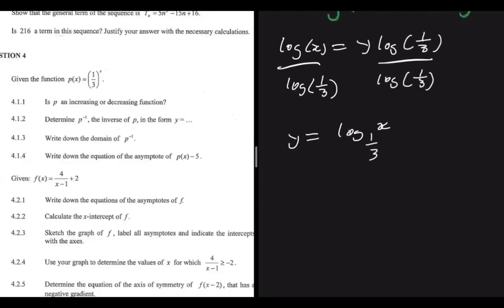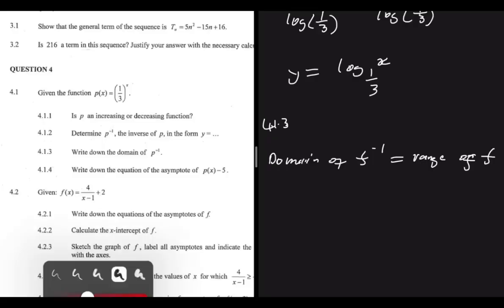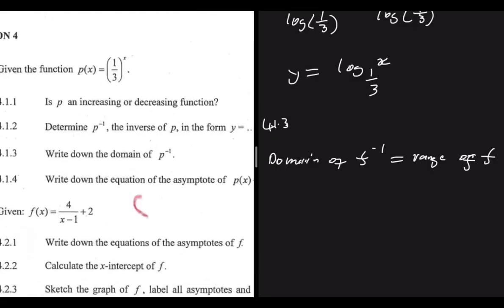The following question, 4.1.3, let's write down the domain of p inverse. What I want you to know is that the domain of f inverse is equal to the range of f, right? So we're looking for the domain of p inverse. So actually we can find the domain of p inverse by just finding the range of p.